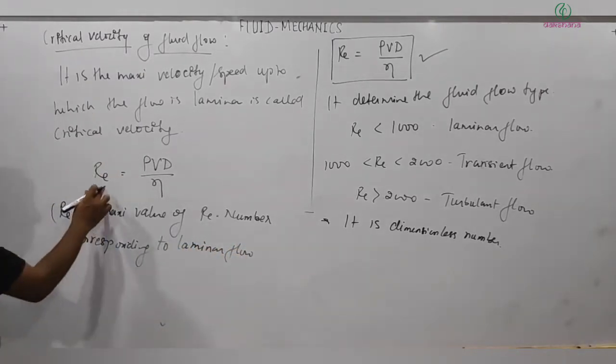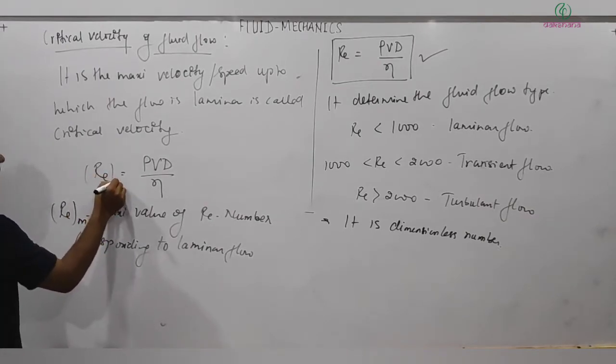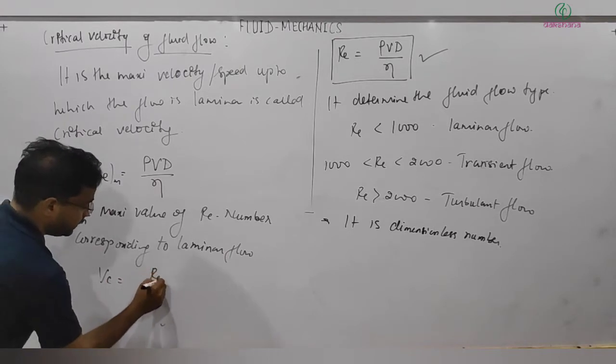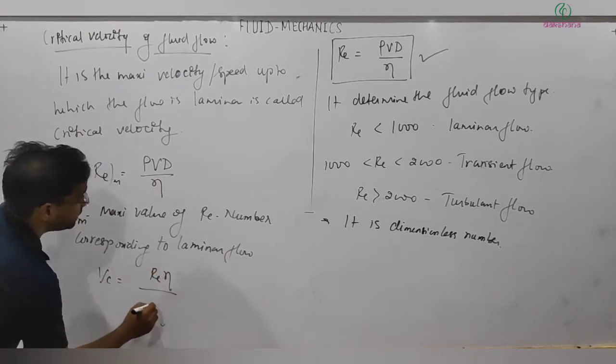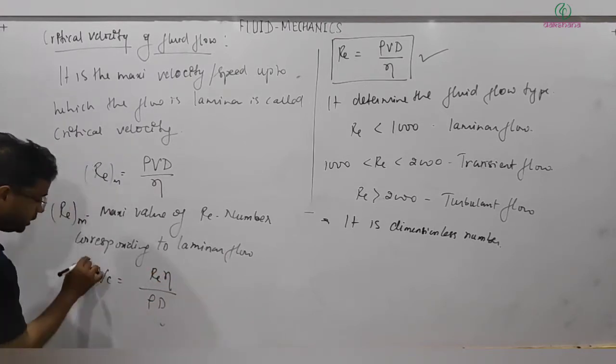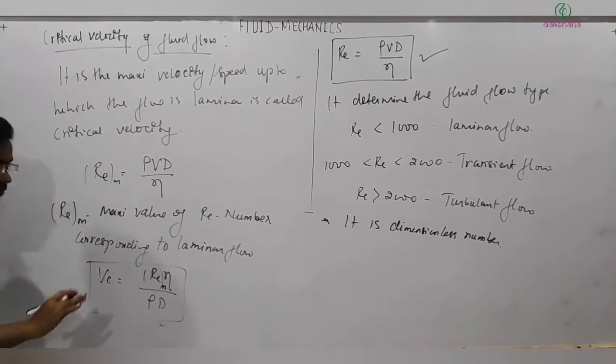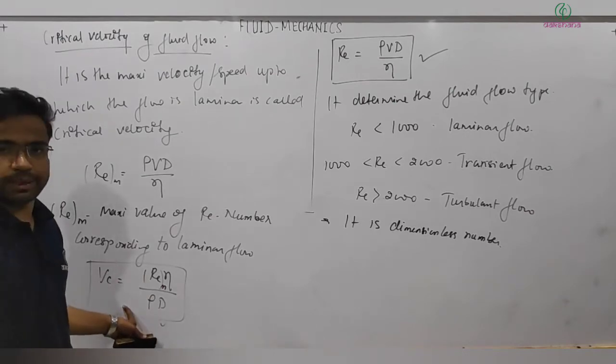Then I can write V critical equal to Re eta divided by rho into d. This will be the critical value of velocity for which the flow will be laminar.